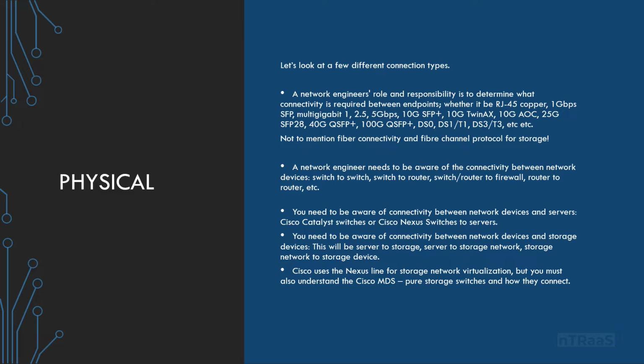Now when it comes to the SFP Plus ports, it is still an SFP, except it has been modified to accept 10 gig and 25 gig connectivity. So you'll also see here, along with the SFP Plus, a 10 gig twin-ax and a 10 gig AOC. Technically, these are also SFP Plus ports.